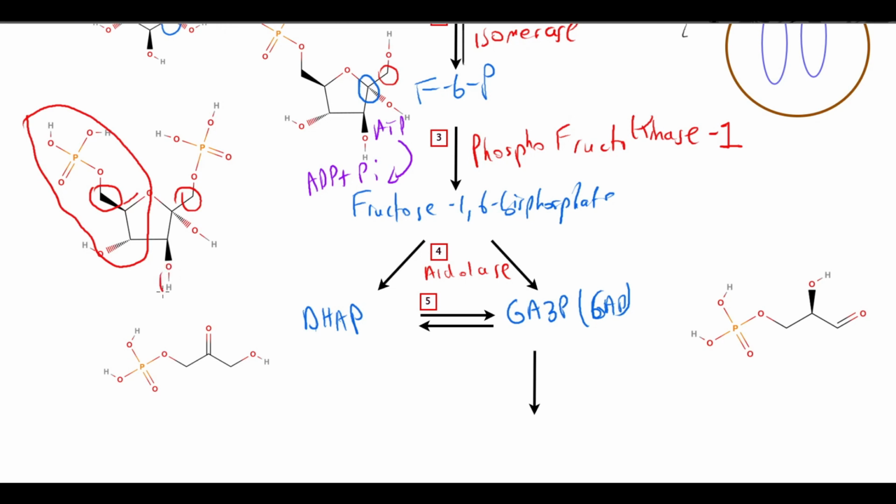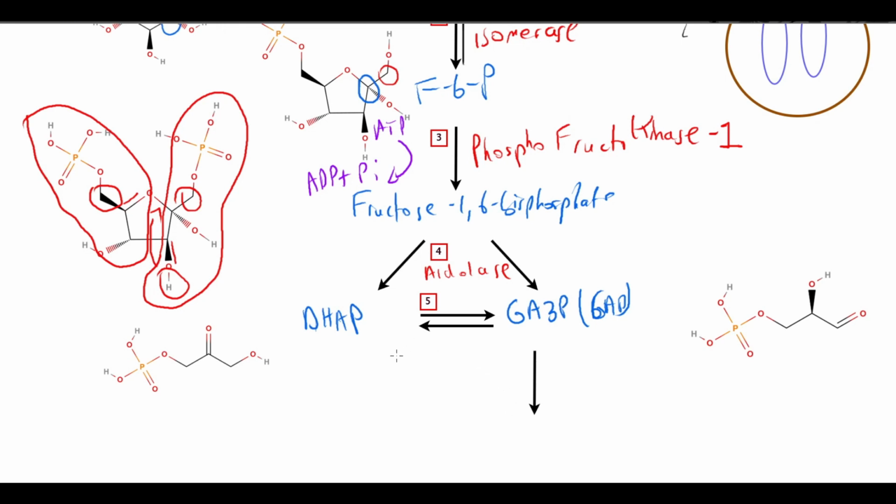So this hydrogen would go right here, and here it would be an aldehyde, and this would be glyceraldehyde 3-phosphate. So fructose 1,6-bisphosphate is cleaved into those 2 molecules, and now what you should know is that glyceraldehyde 3-phosphate is what's used in the next 5 steps. So the next 5 steps begin with glyceraldehyde 3-phosphate, and you eventually get pyruvate.